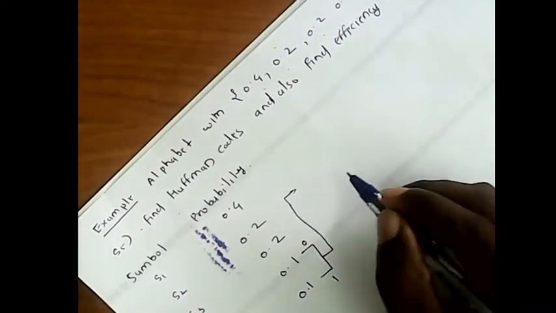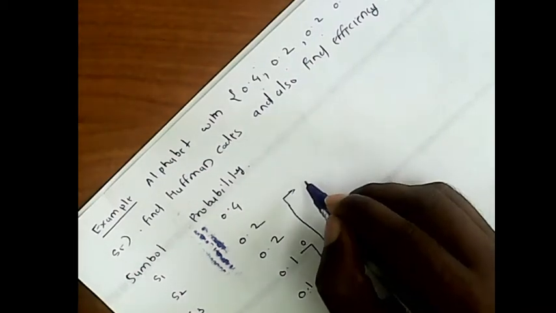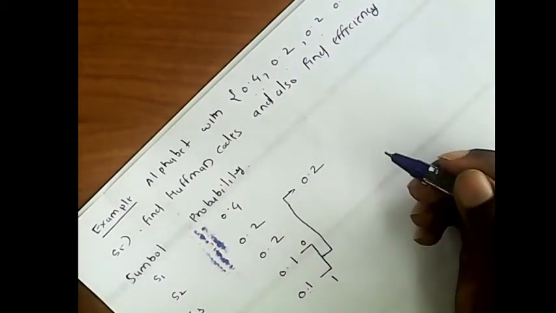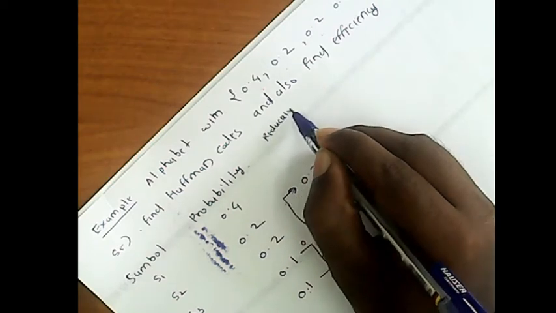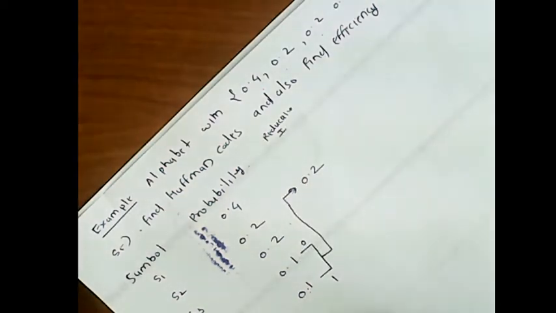So 0.1 and 0.1 gives 0.2, which is lower than 0.4, so we can place it here. So this is reduction 1.